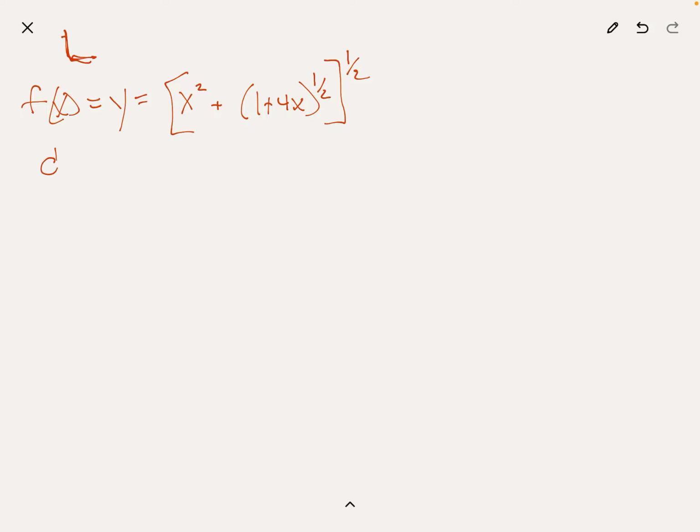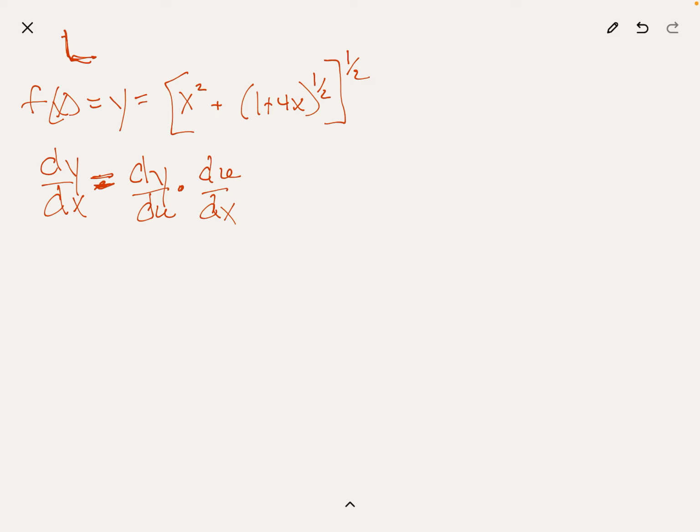So our goal is to find dy/dx. We're going to need to make several substitutions, but let's just start with the big picture. The way I look at it is we want to find dy/du times du/dx. So the first substitution, again, I think it's best to start with the big picture.